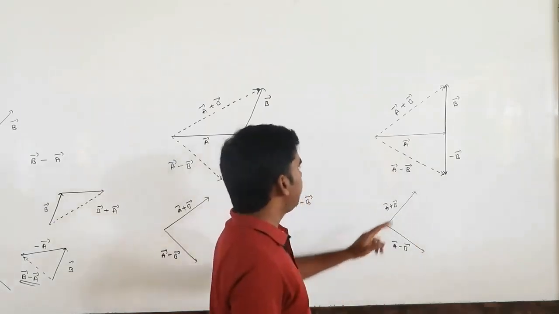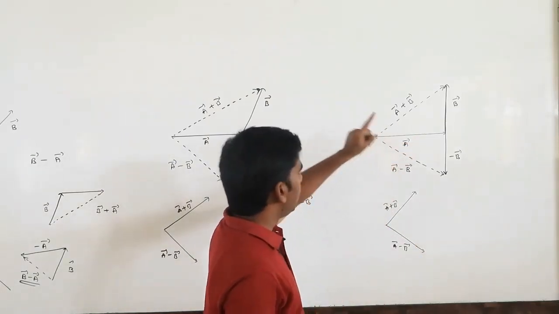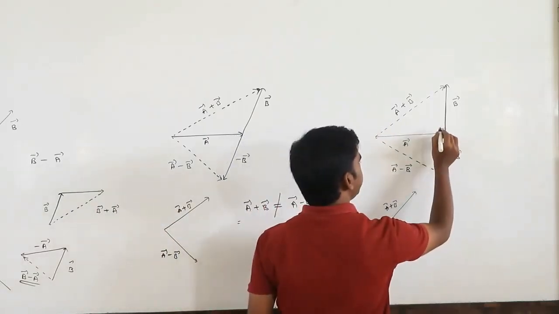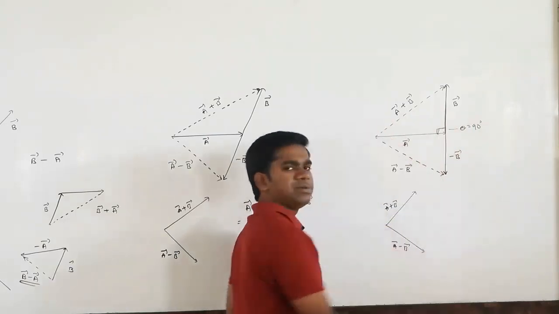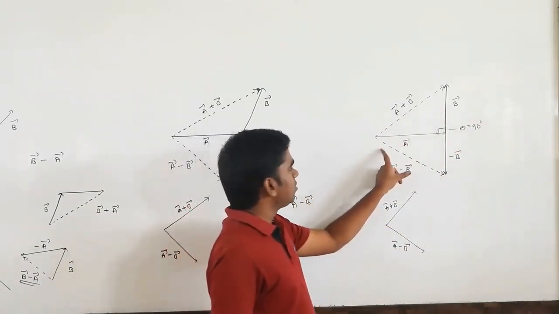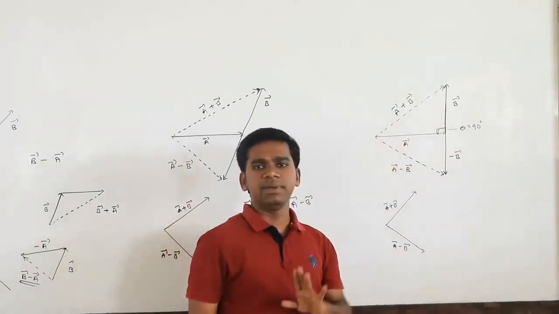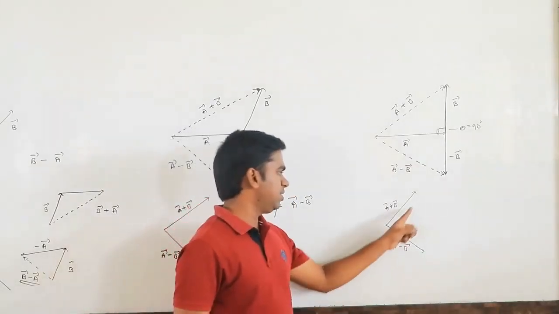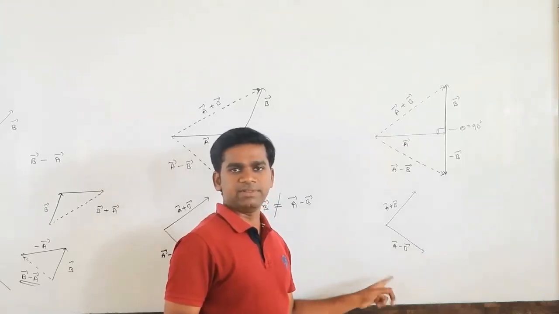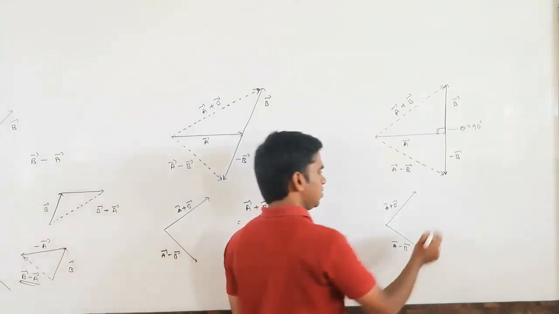If you look at this diagram, when the angle is 90 degrees, when they are perpendicular to each other, the length of a plus b is equal to the length of a minus b. But the direction is different, so we can't say they are equal.